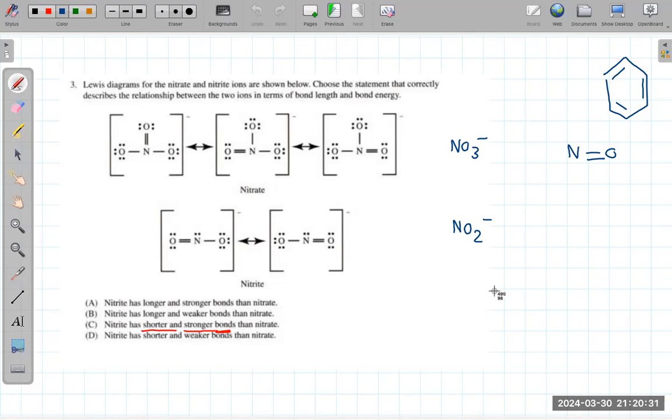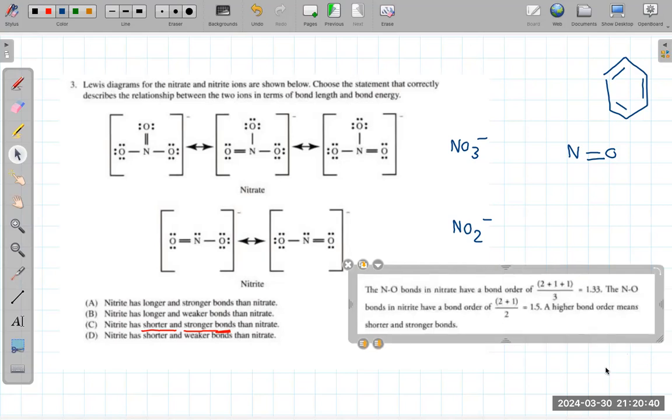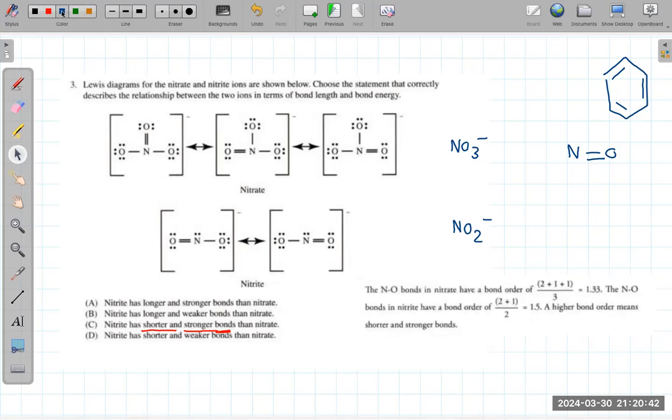He said the NO bonds in the nitrate have this bond order. So how did he calculate it? He said it's 2 plus 1 plus 1 over 3, and he said this is equal to an average of 1.33, while NO bonds in nitrite have a bond order of 2 plus 1.